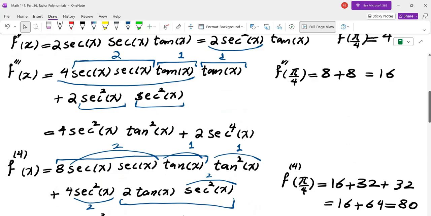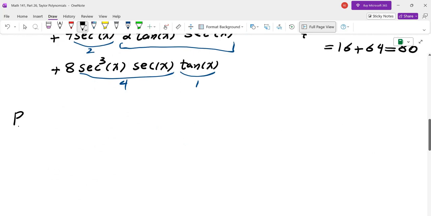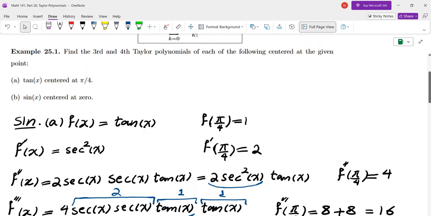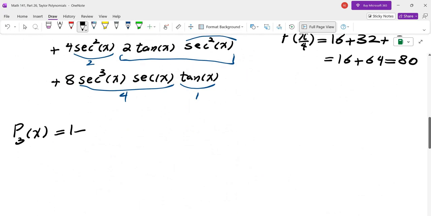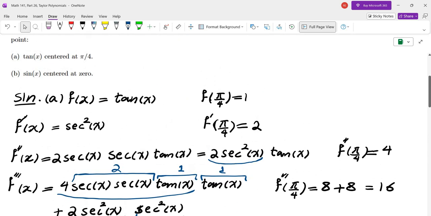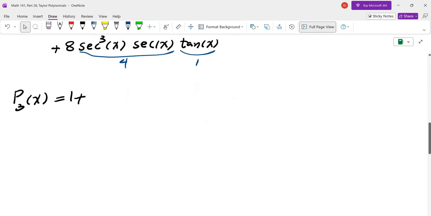Now we need to find the third Taylor polynomial. So the third Taylor polynomial is, well, I have to find f of pi over 4, which is 1, plus the next coefficient is 2 divided by 1 factorial. The first one is divided by 0 factorial times x minus pi over 4 to the first.